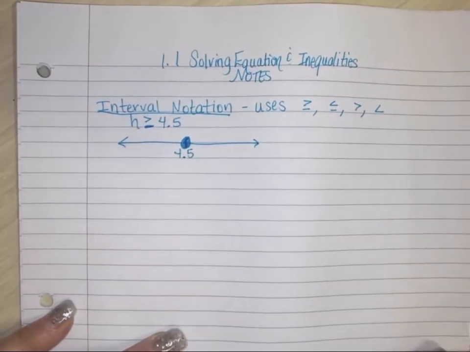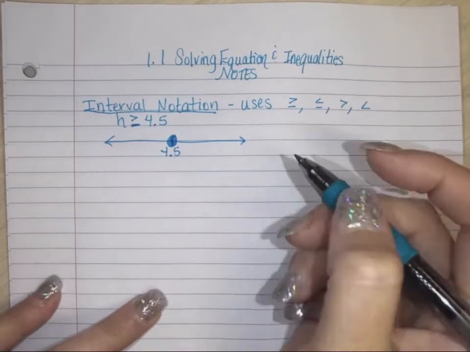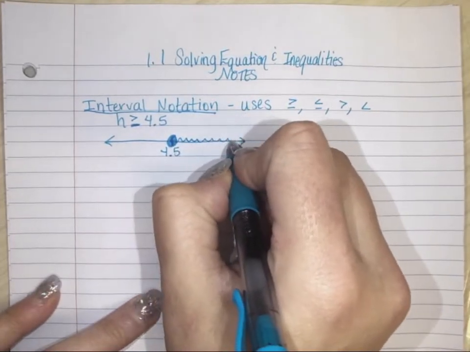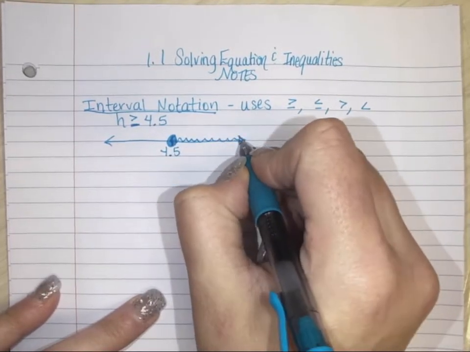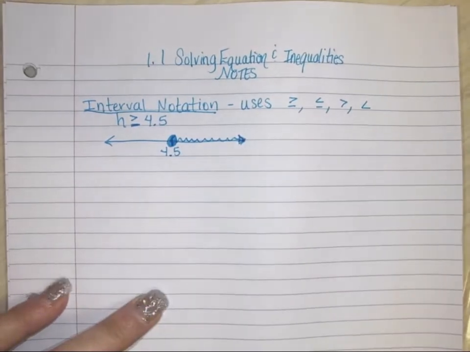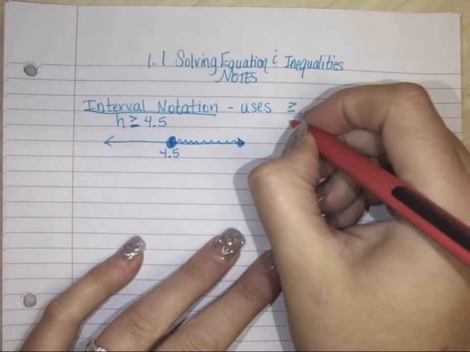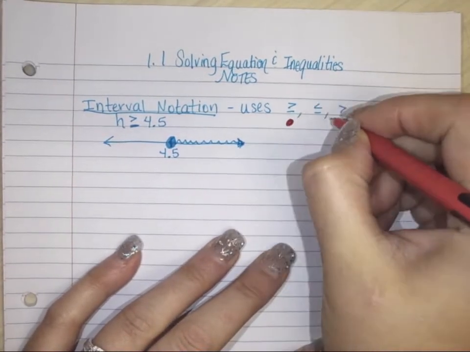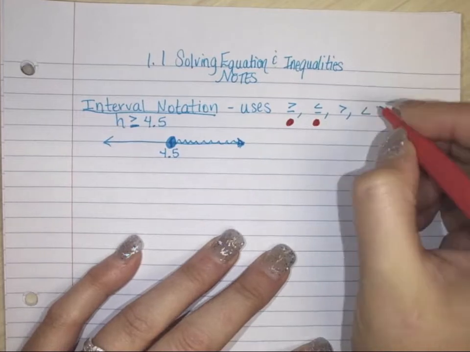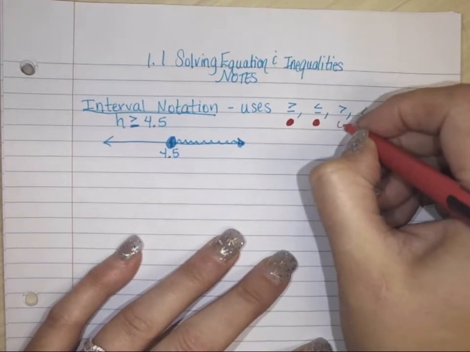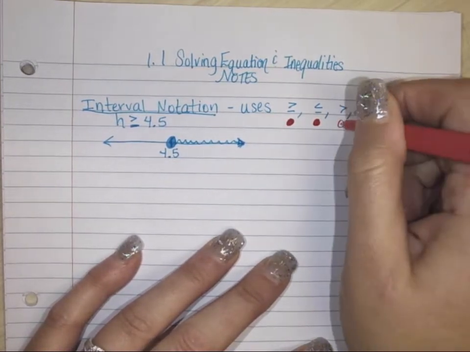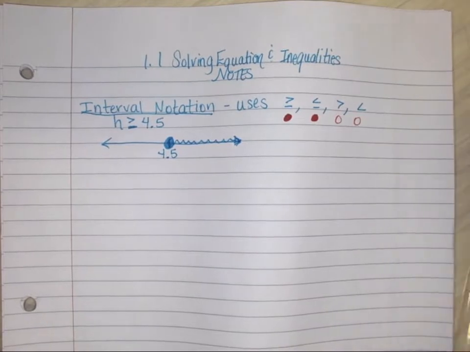I can be on that value. Then you would shade to the right because I can include any value above that. So when you see the part that has the equality, we're going to use closed in holes. When you see just greater than or less than, use an open hole because you exclude that actual value.